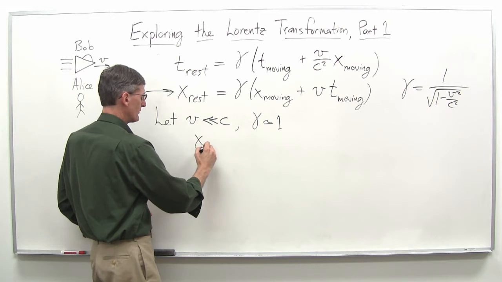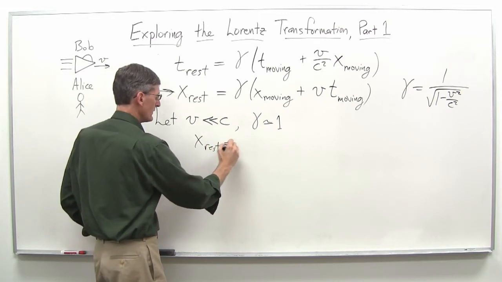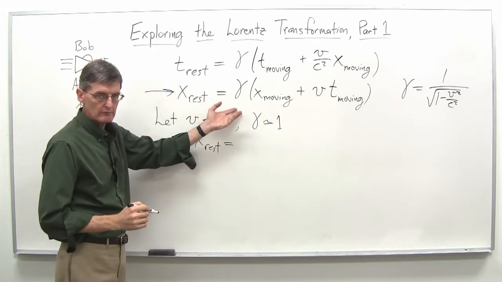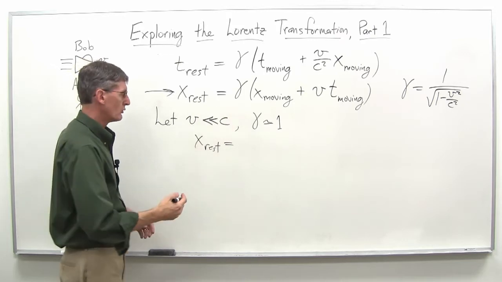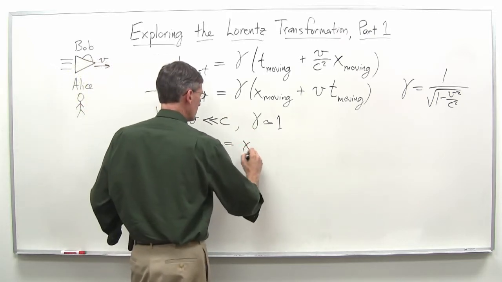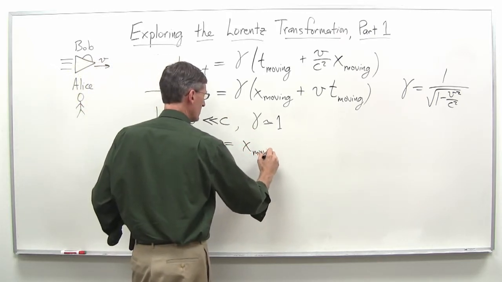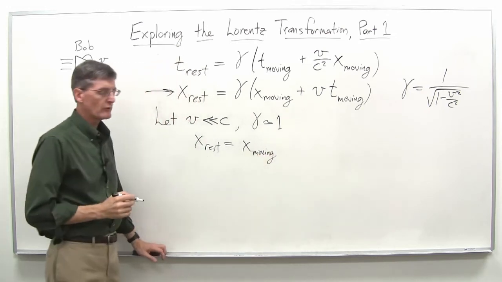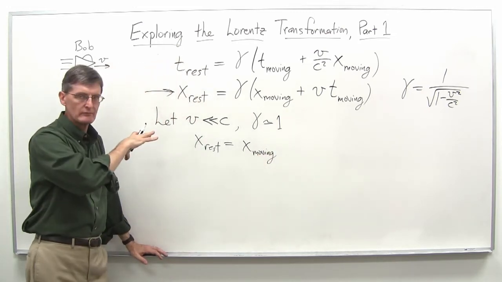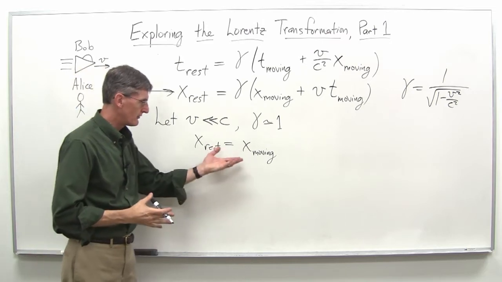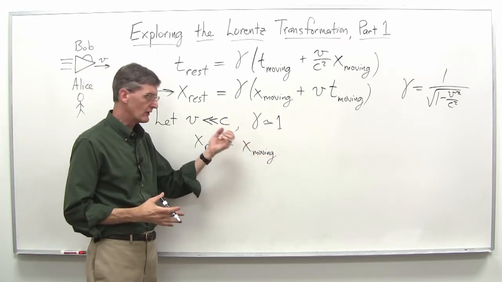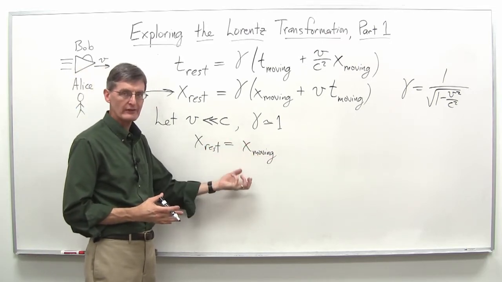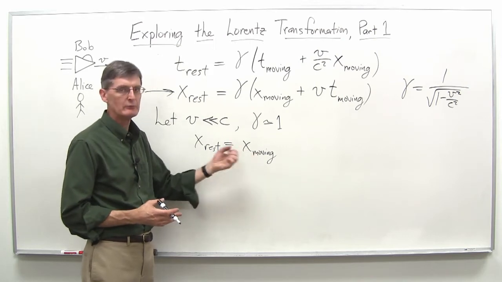We get x rest equals gamma, which is approximately 1 here, so it becomes x moving in the moving frame. And by the way, just again, the terminology here: this does not mean x is moving. This is an x coordinate, an x measurement in the moving frame.